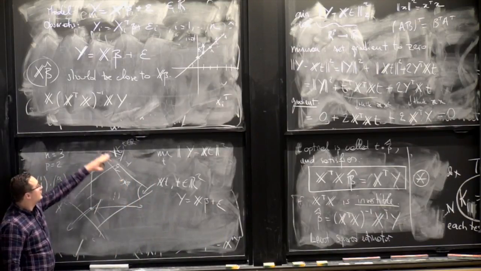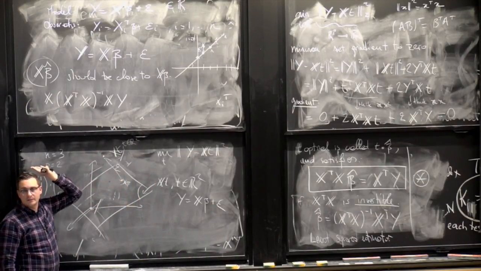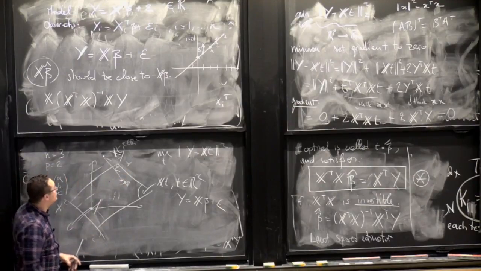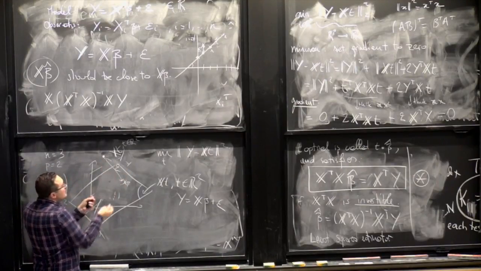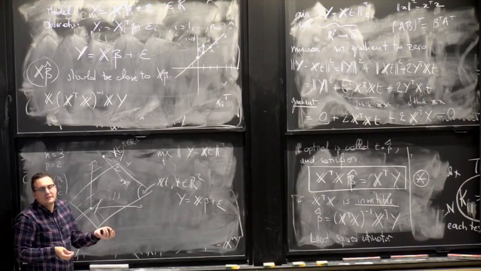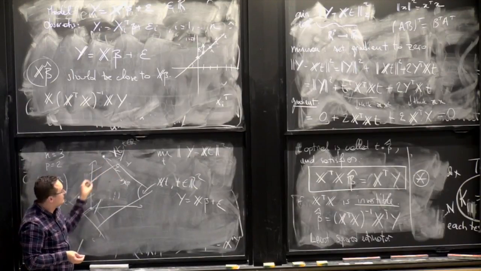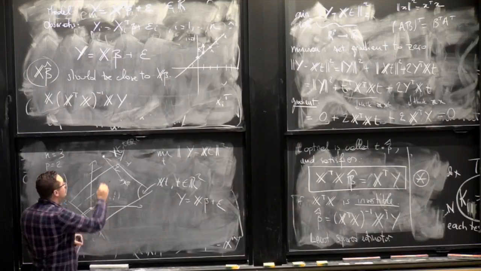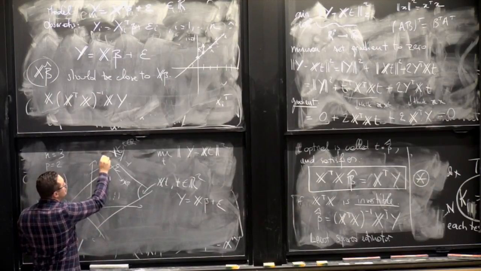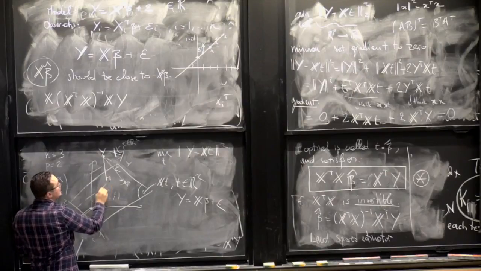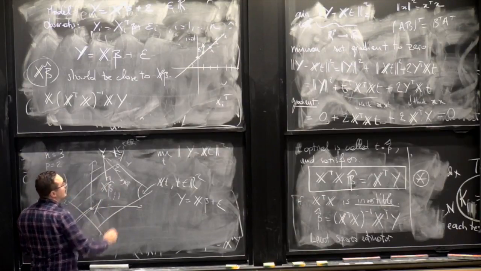So I start from this plane, and then I have this epsilon that pushes me maybe outside of this plane. And what least squares is doing is saying, well, I know that epsilon should be fairly small, so the only thing that actually makes sense is to take y and find the point that's on this plane that's the closest to it. And that corresponds to doing an orthogonal projection of y onto this thing. And that's actually exactly x beta hat.